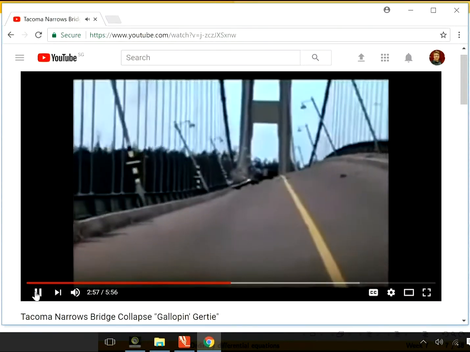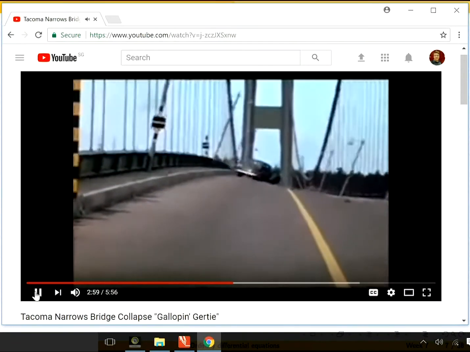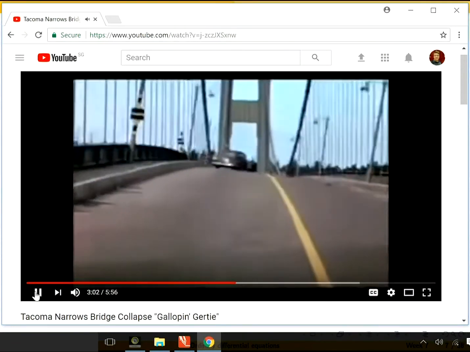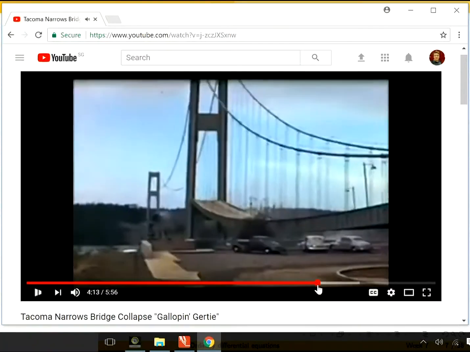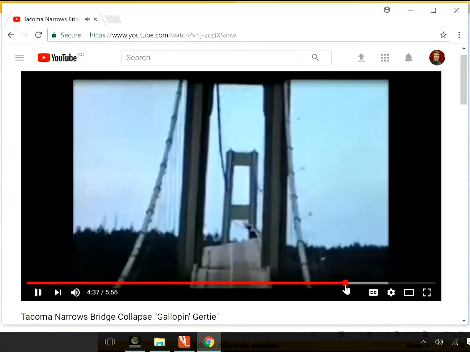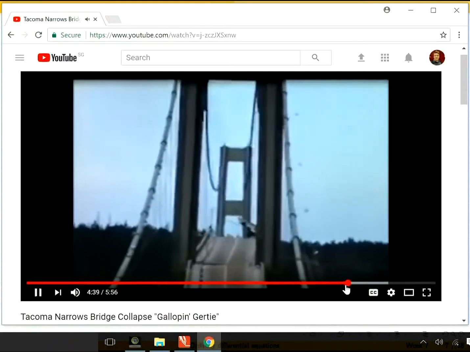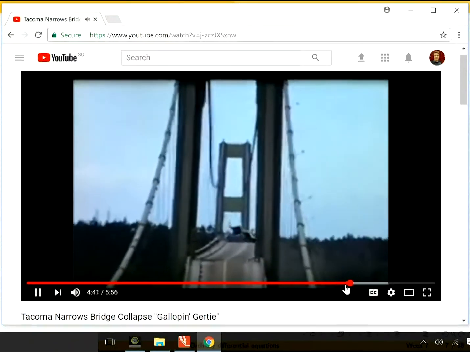Because of that, the amplitude of the oscillations increased too much, and then the bridge eventually collapsed. Anyway, you can watch the video. It's very impressive. So eventually the bridge collapses.